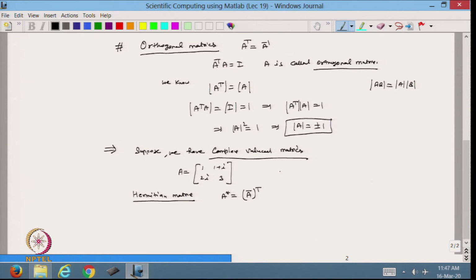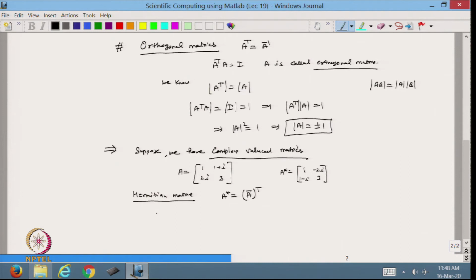So, if I take A here, A star will be, first I will take the 1, 3, I will take the conjugate, so this will be 1 minus i, minus 2i. So, this is my A star. I have taken the conjugate, so conjugate will be 1 minus i or minus 2i, and then I will take the transpose. So, this will be the A star.